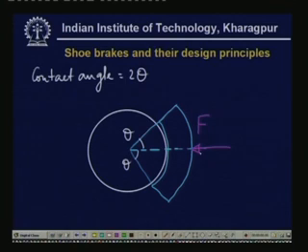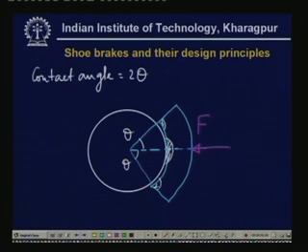Now, if we apply this force over here, then the pressure distribution is not uniform. Everyone can understand that the pressure is not uniform, and it is expected the pressure will be high near the central region. Here the pressure is higher and here the pressure is comparatively low. So, now it is a very important task to find out the exact pressure distribution.